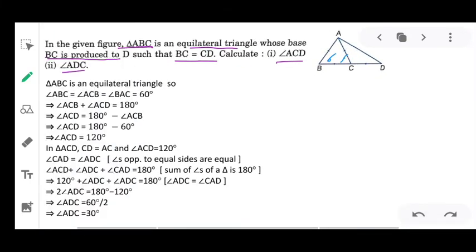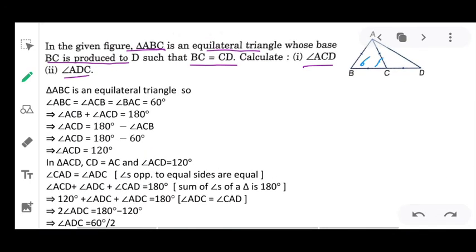First find out the value of angle ACD. In an equilateral triangle, angle ABC equals angle ACB equals angle BAC. That is the property of an equilateral triangle. Each angle is 60 degrees.